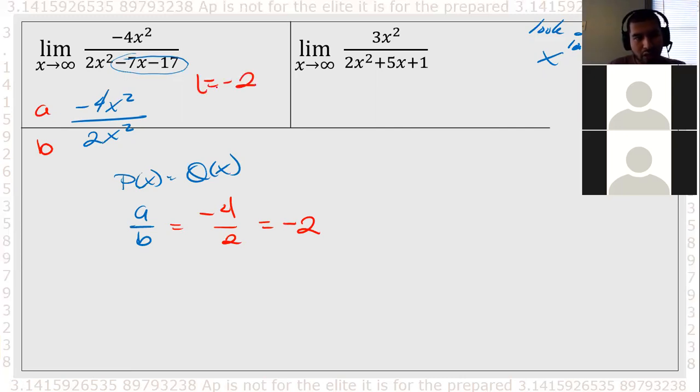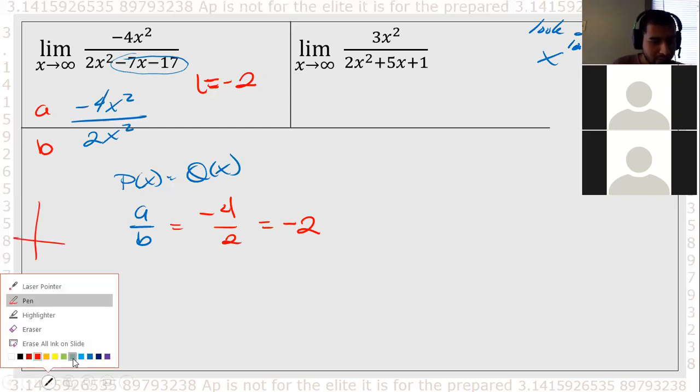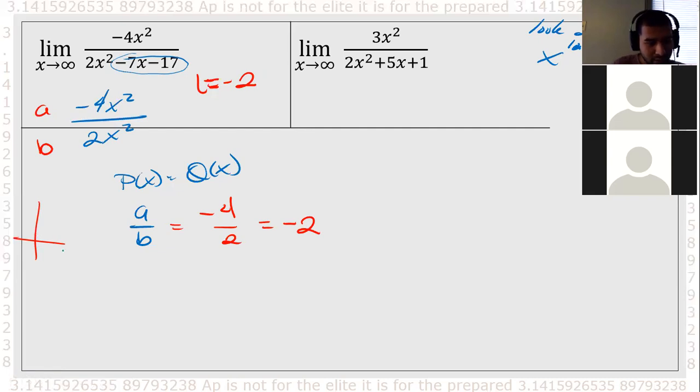So if you graph this, guys, on a calculator, you put all of this into Desmos, the graph will converge to negative 2. It would be something like a little graph that goes to negative 2, and it'll just go to negative 2 as a horizontal asymptote, like that.